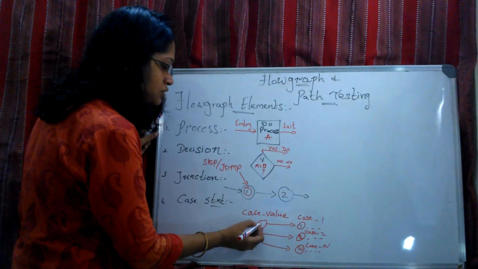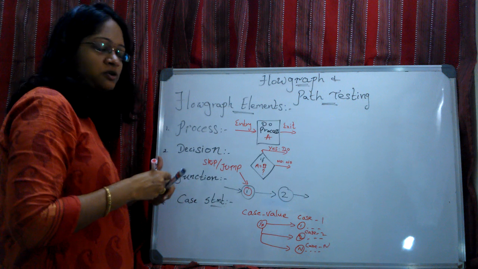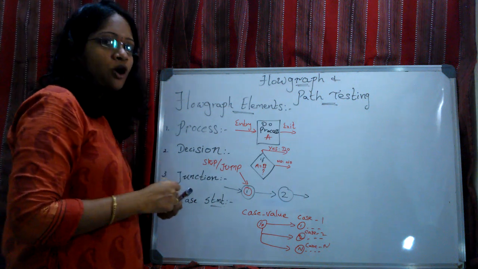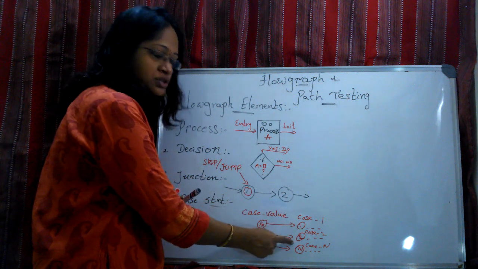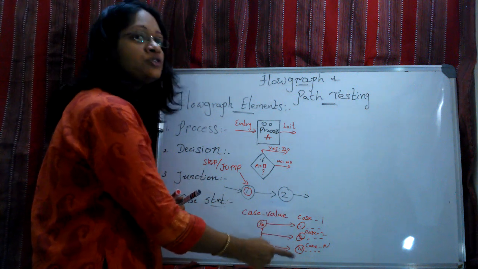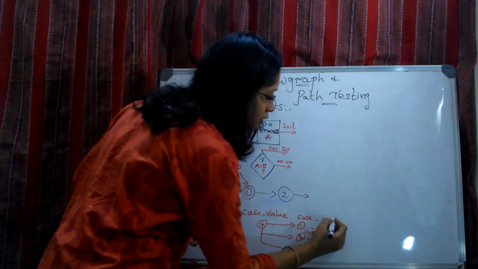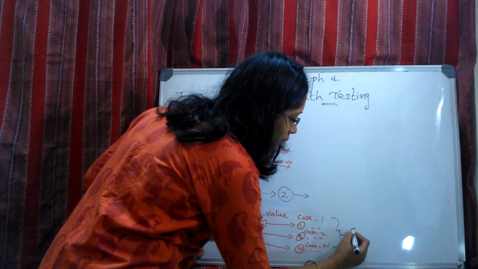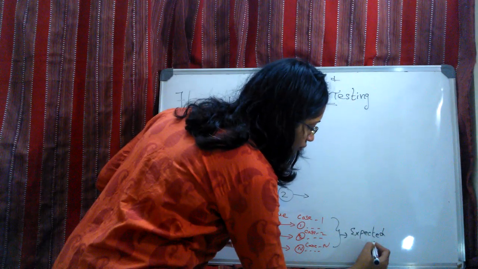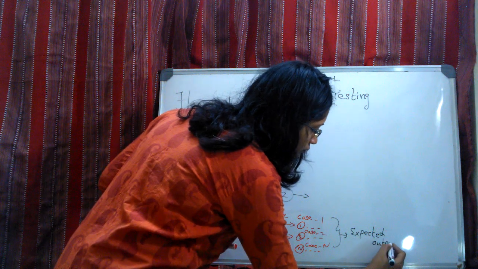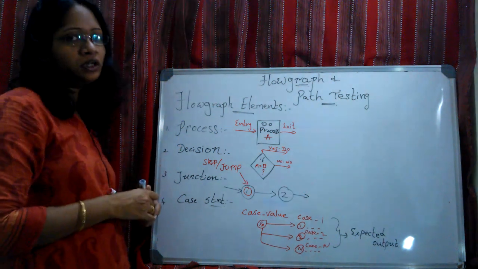Consider this is your input value. For this input value you have to get one output. For that output you can use case 1 or case 2 or a different number of paths, but in the end you will get one expected output.